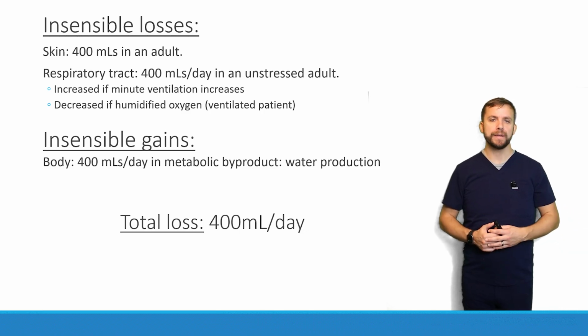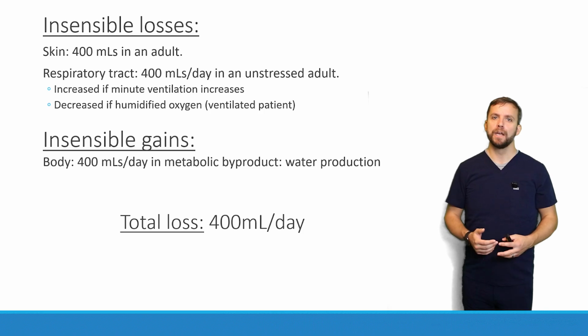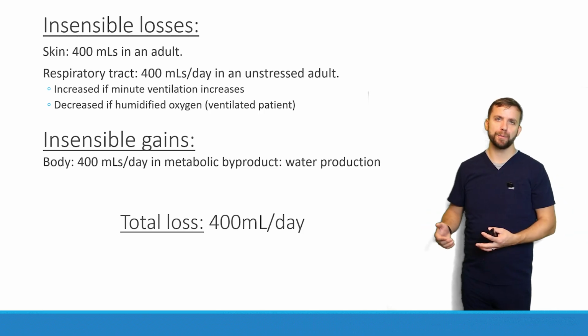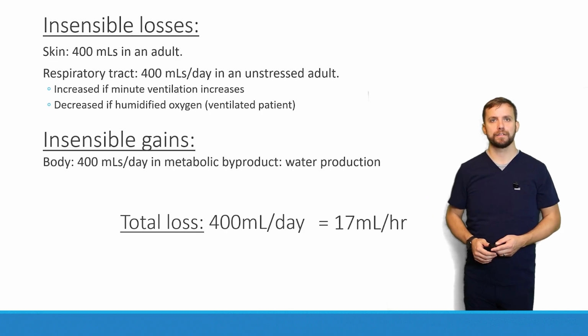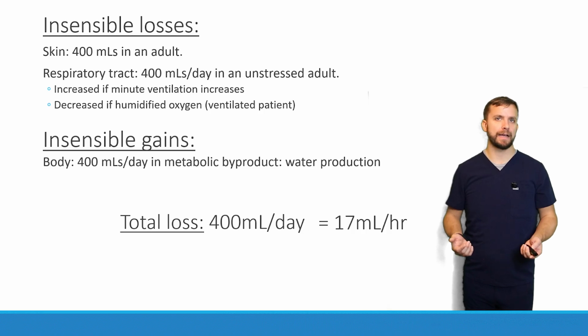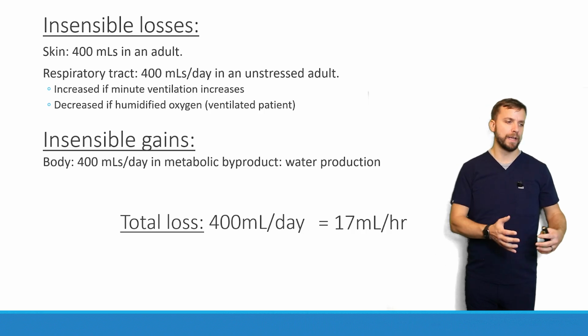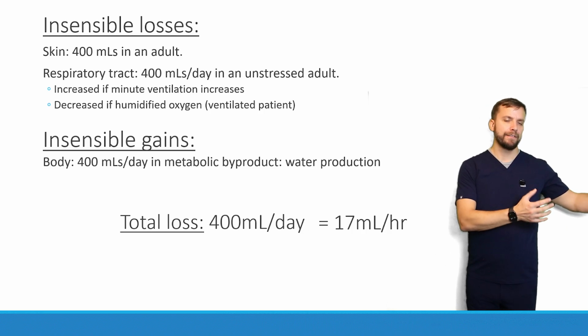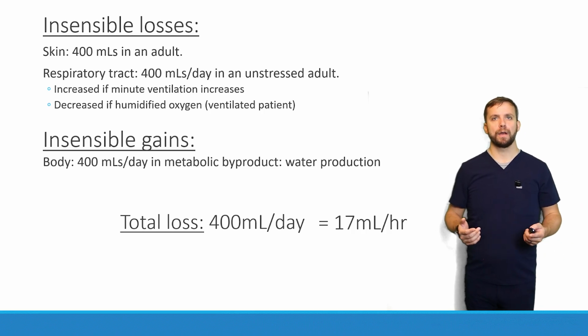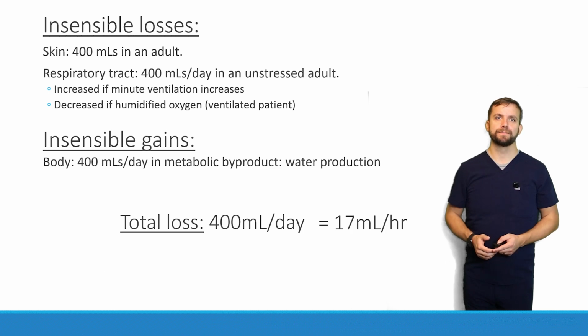But in terms of just maintenance fluid, you're talking about 400 milliliters a day, and then a little bit more depending on how sick the patient is. That ends up being about 17 milliliters an hour. So not very much fluid, versus typically people are putting 50, 75, 125 milliliters an hour through their maintenance fluid.